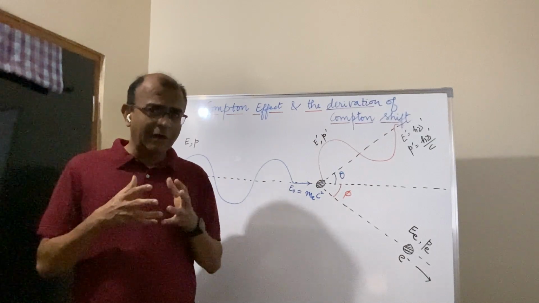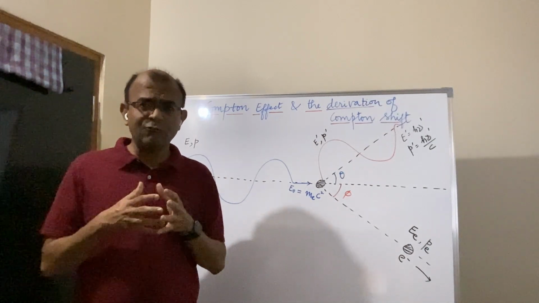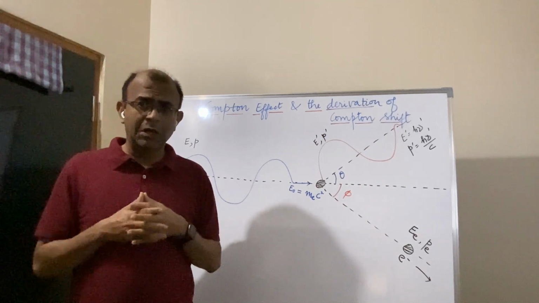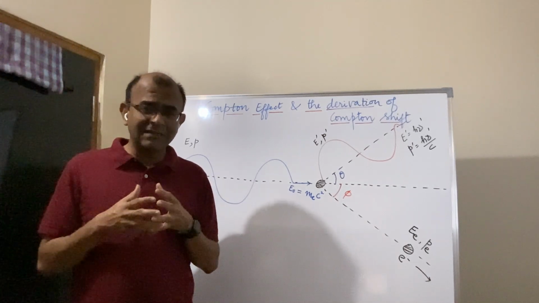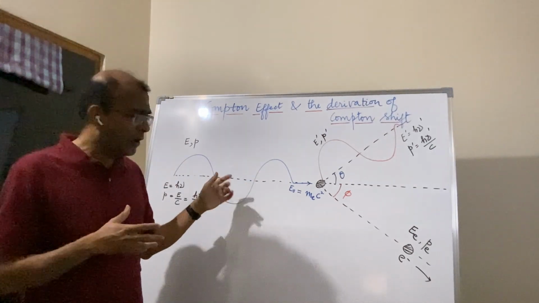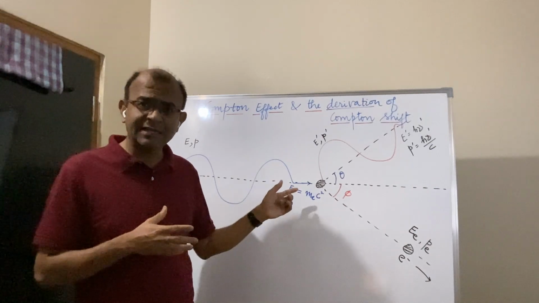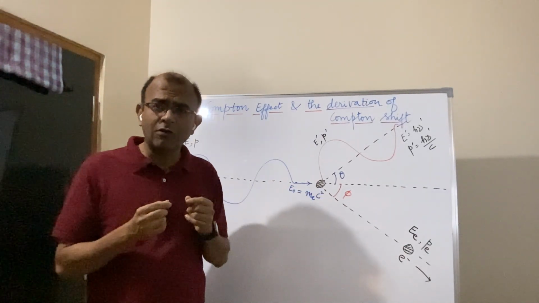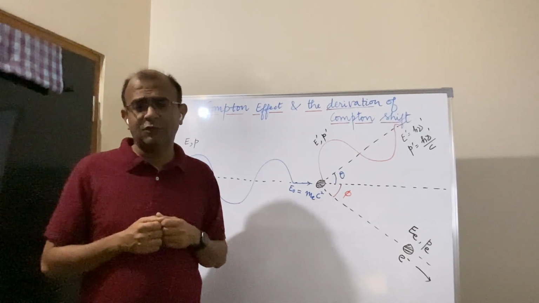But we have to understand that the energies involved in these two processes are different. While in a metal surface, free electrons are involved, in the case of Compton scattering, this electron is loosely bound to the parent atom.